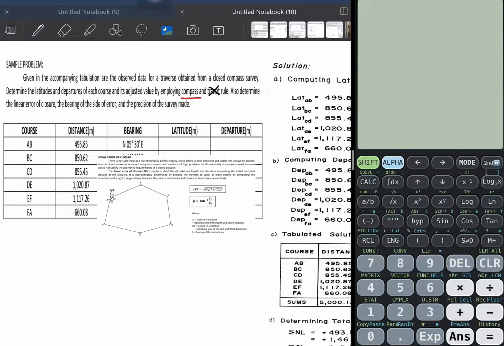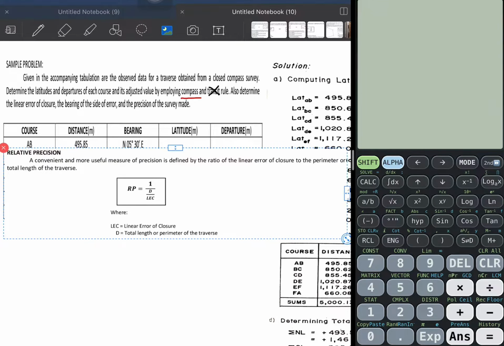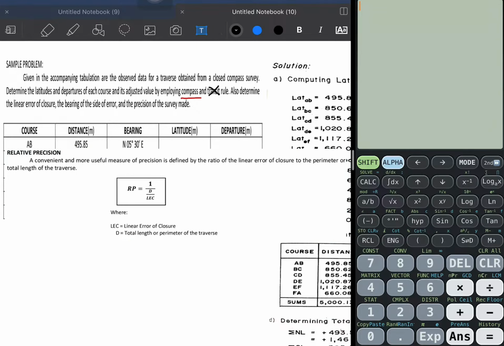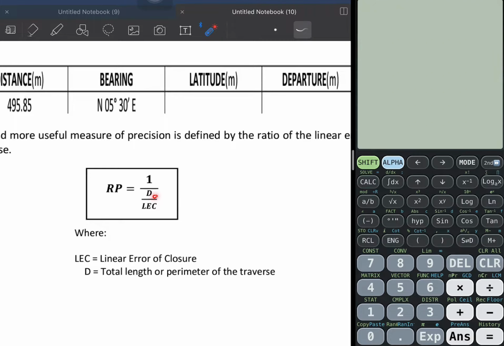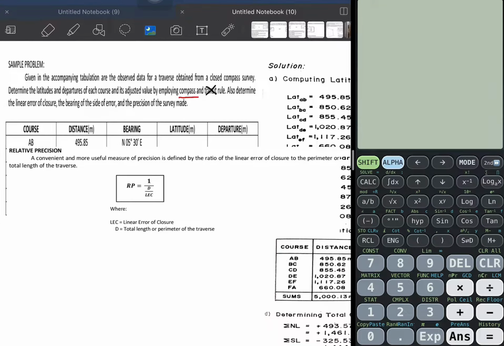And then to solve for the relative precision, you have this formula. So the formula is relative precision is equal to 1. So the numerator is always 1 divided by the total distance or the perimeter of the traverse divided by the linear error of closure. Okay?